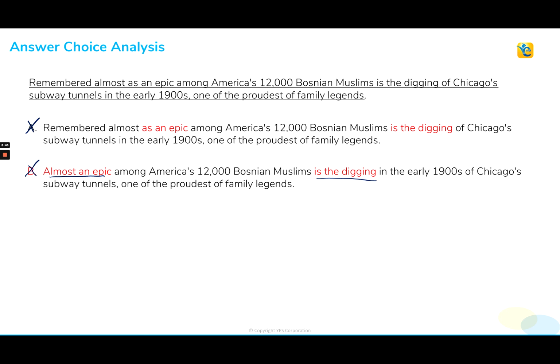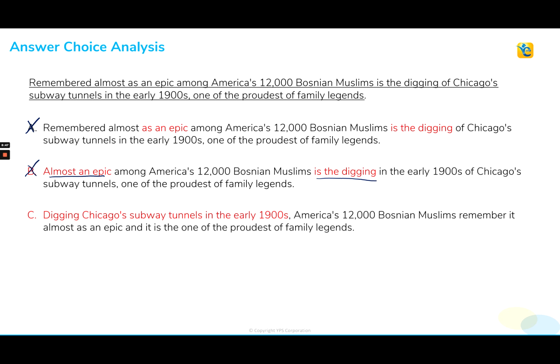Let's take a look at choice C. Now choice C, we definitely have a change in structure, and anytime we see such a big change in structure, we're going to make sure our meaning that's being communicated is proper, and we definitely don't have proper meaning here. Look at this opening modifier, digging Chicago's subway tunnels in the early 1900s, America's 12,000 Bosnian Muslims.